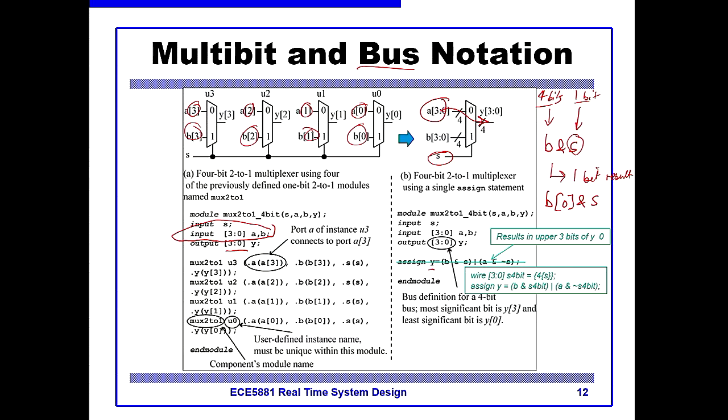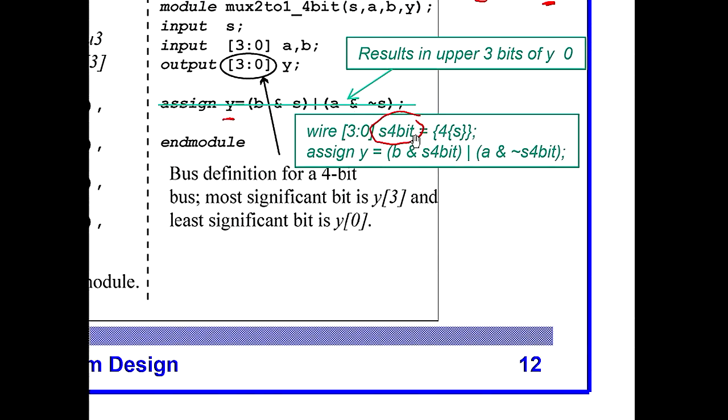So to fix that, we need to change S to be a 4-bit value that replicates each bit the same. Alright, so that's what we've got here actually, but this new signal called S 4 bits. And we've defined that as a 4-bit wire.